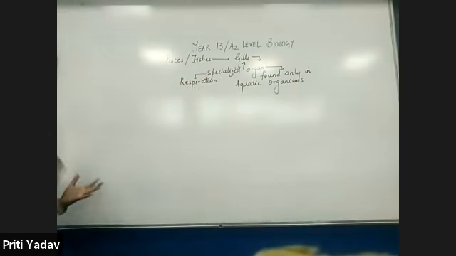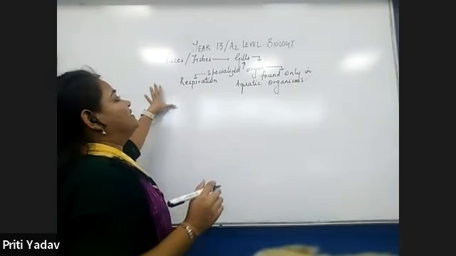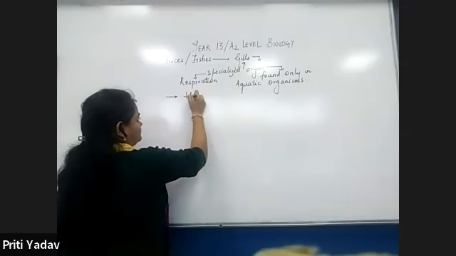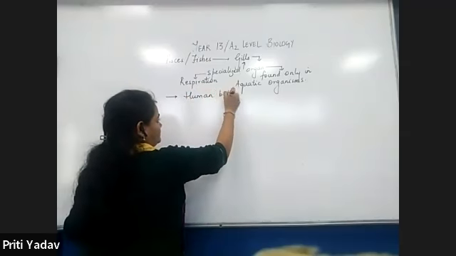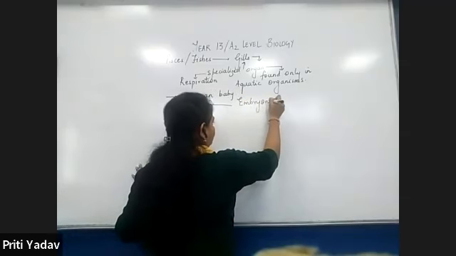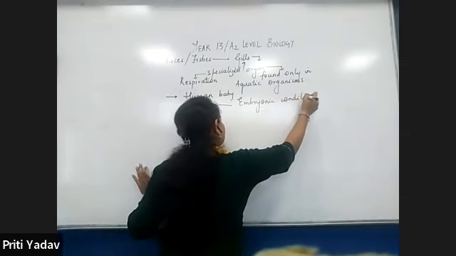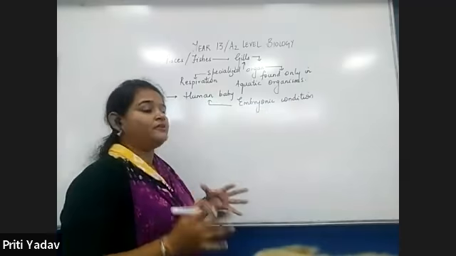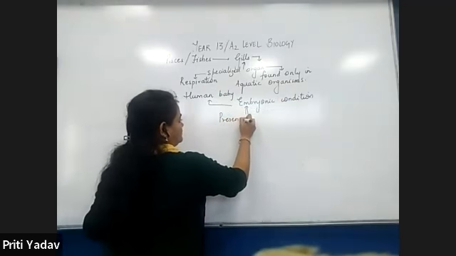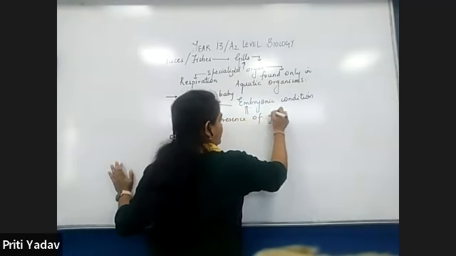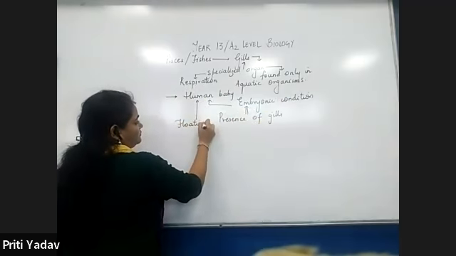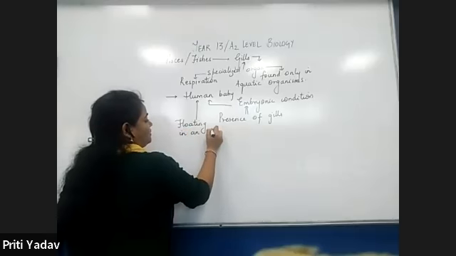But we see human babies in an embryonic condition, not the fetal one, embryonic condition, you can see presence of gills as the baby is floating in amniotic fluid.